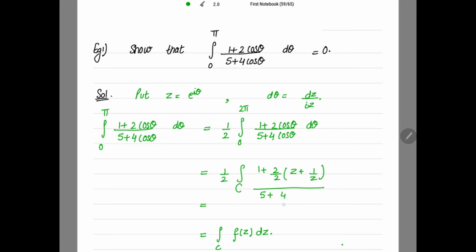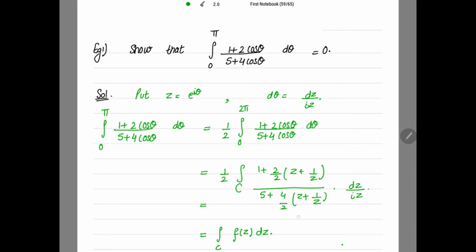Then 5 plus 4 times 1 by 2 times z plus 1 over z, and instead of d theta I have dz over iota z. Just solve the numerator, solve the denominator, and get your whole expression in terms of z.